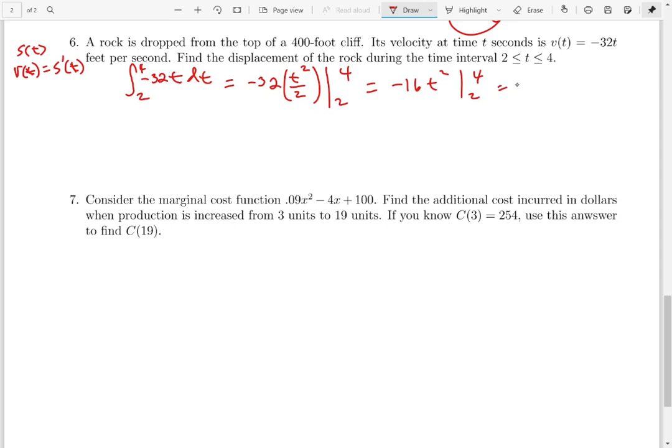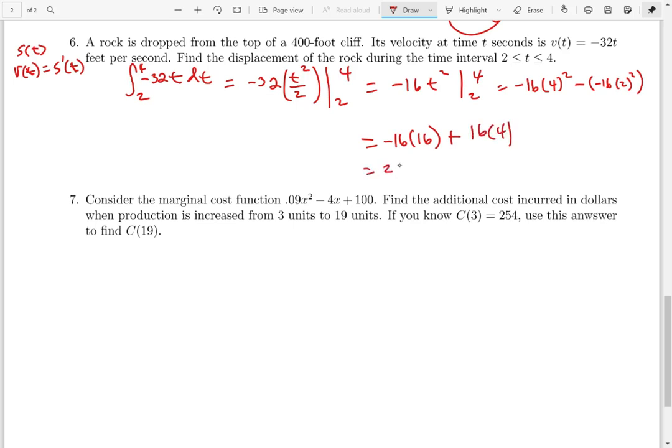And so then we just evaluate this: negative 16 times 4 squared minus negative 16 times 2 squared. 4 squared is 16, so negative 16 times 16 plus 16 times 4.